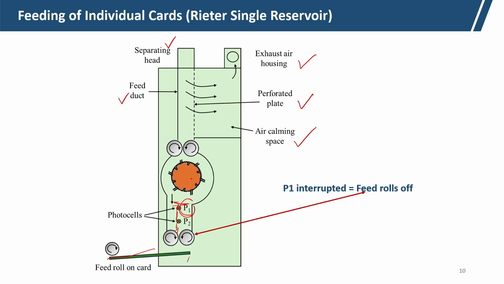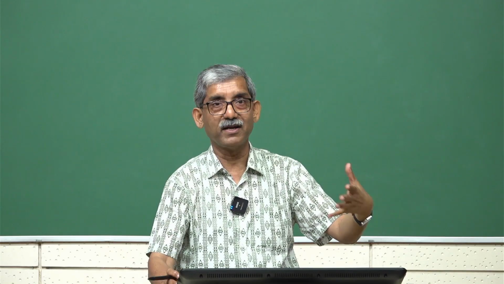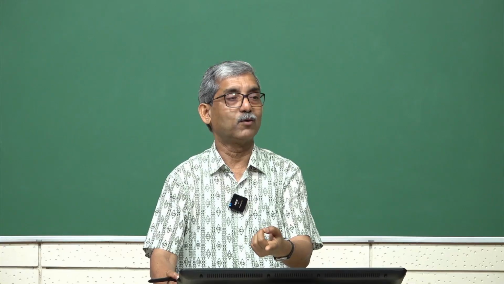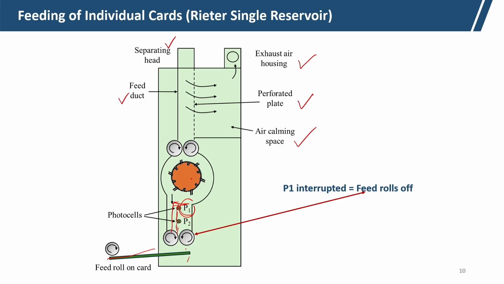When this height is reached, the upper photocell is interrupted, which means you have sufficient material in that section. So what you do is stop the feed roller, do not feed.